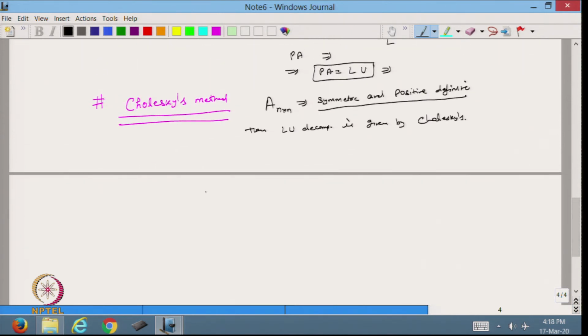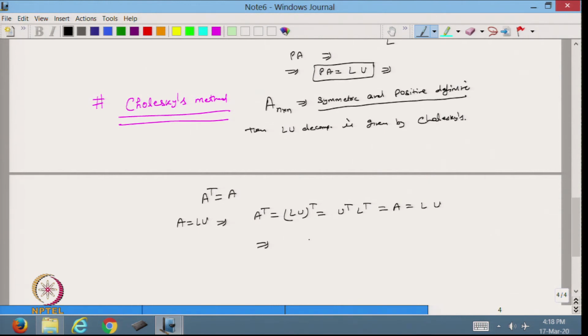So, in this case, if I take the matrix A symmetric, it means A is equal to A transpose, and then what will happen? I have my LU decomposition. So, I will take A transpose, then it will be (LU) transpose, and in this case it will be U transpose L transpose, and my A transpose is equal to A. So, it means that should be equal to LU.